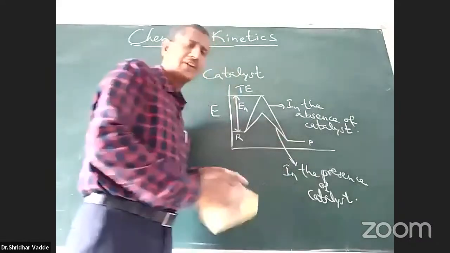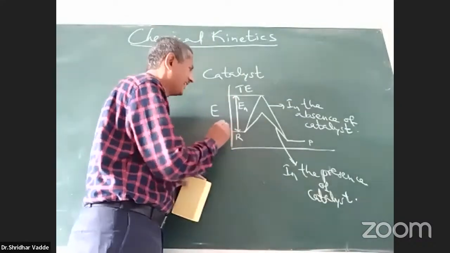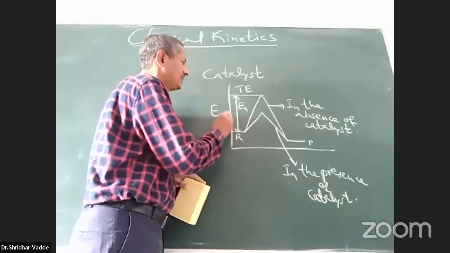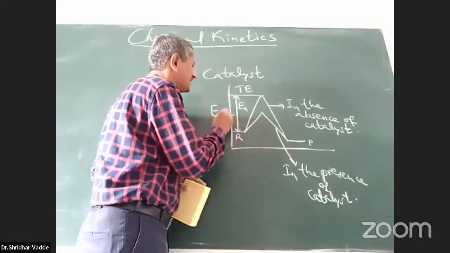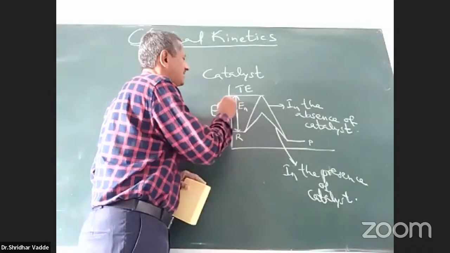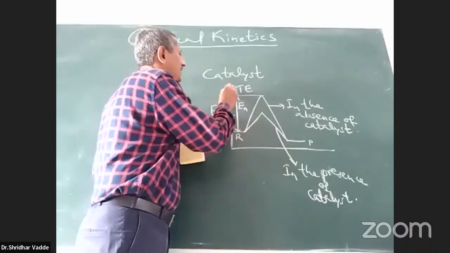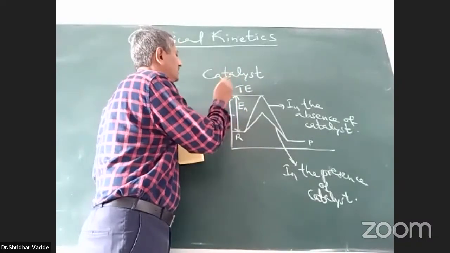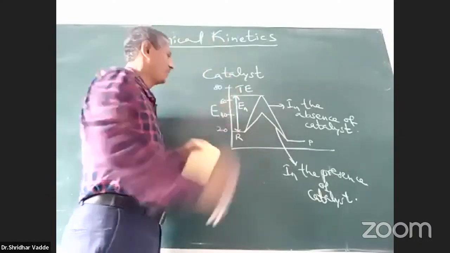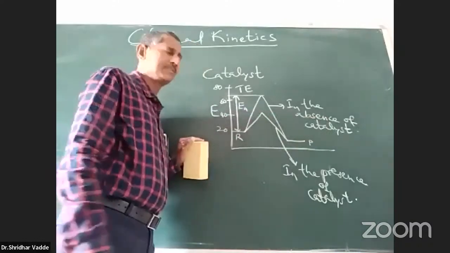So now see, my dear friends, here for example, let us assume that this is 20 kilocalories. Let us say this is 40 kilocalories, this is 60 kilocalories, and so on. This is 80 kilocalories, and so on. This is 5 minutes, 10 minutes, 20 minutes, like that.